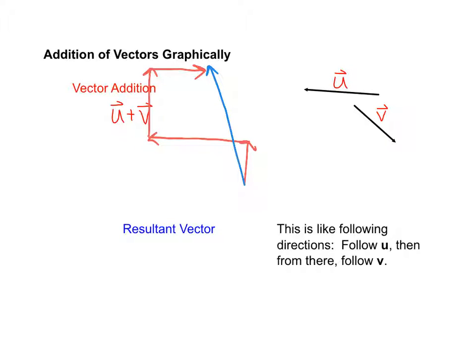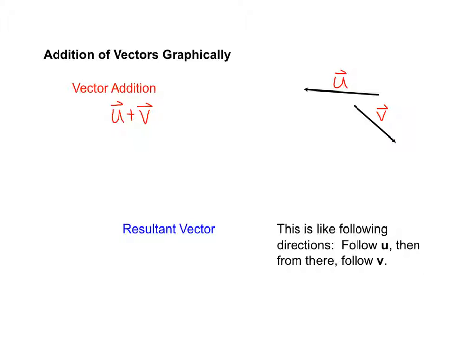That blue line is what I want to do. However, there's not a street directly from my house to where I want to go, so I've got to follow these other directions. That's like what vector addition is doing. It's giving you the directions to get the result that you want, or it's how you find the result after following certain directions.